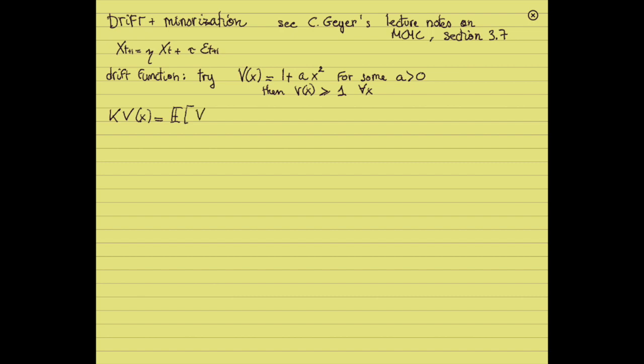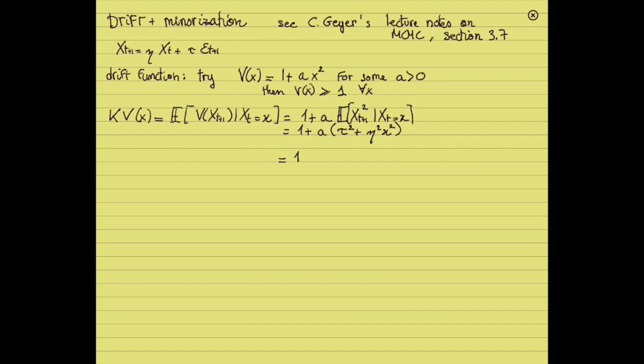And then we can compute the expected value of this function at the next step, given that the chain is currently at x. And again, since the Markov transition is Gaussian, we can compute this very explicitly. And we obtain 1 plus a times tau square plus eta square x square, from the second moment of a Gaussian. And so we can expand this expression.